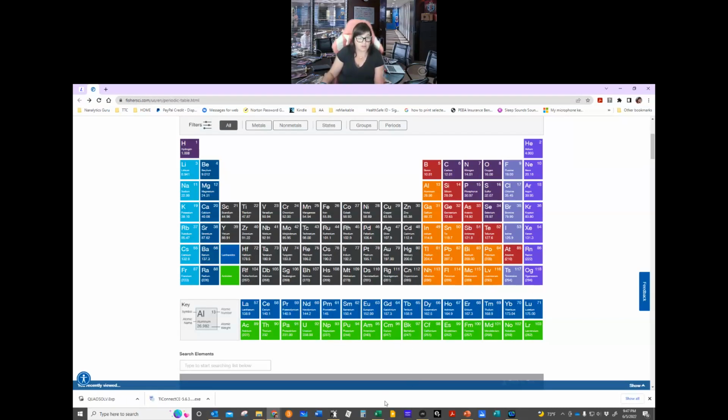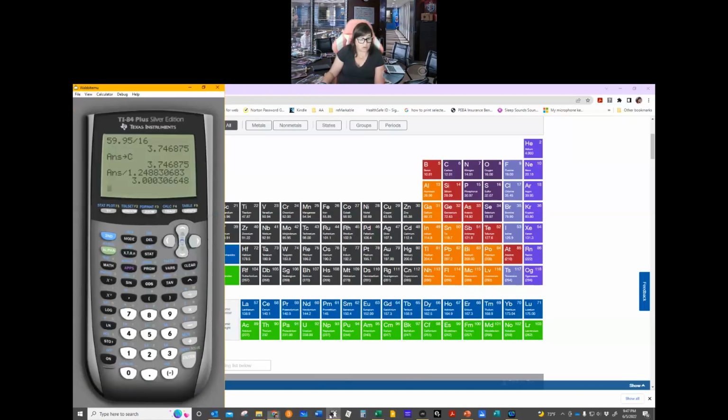I can calculate all of that so I can get an answer for the total. So 1 times 24.31 plus 2 times 35.45. Total mass is 95.21.